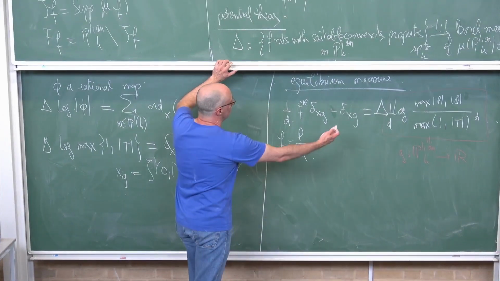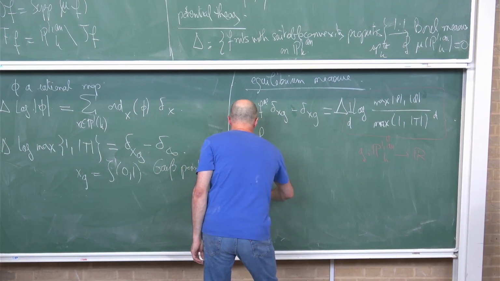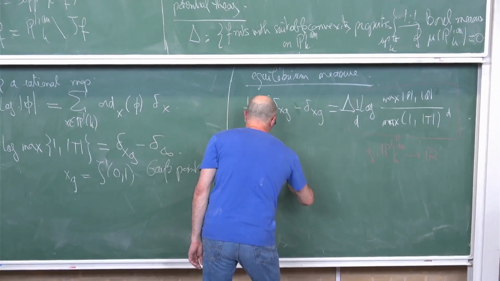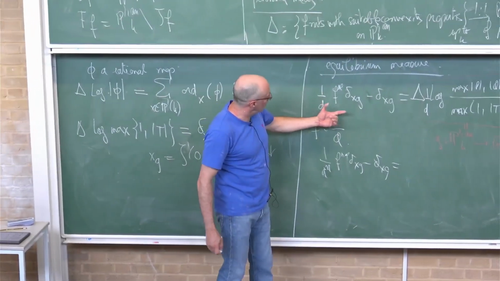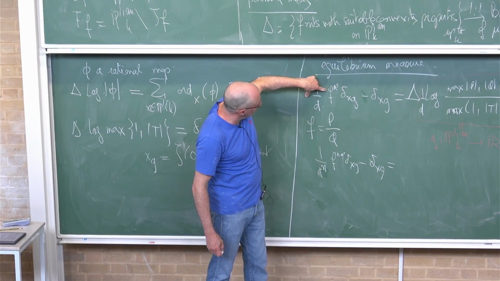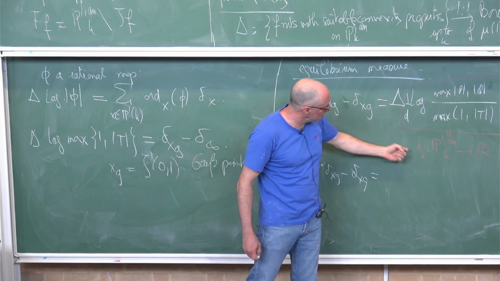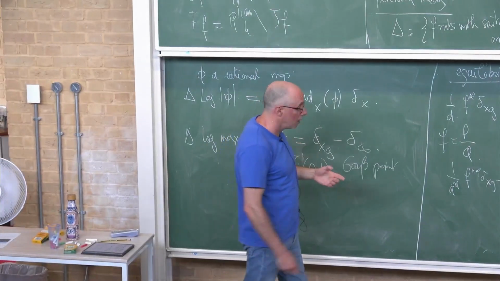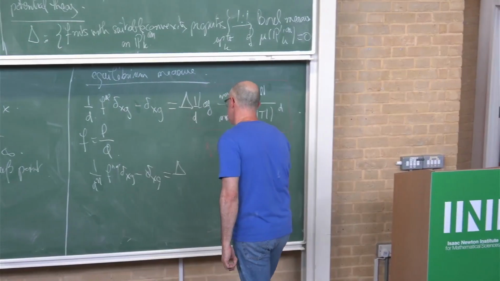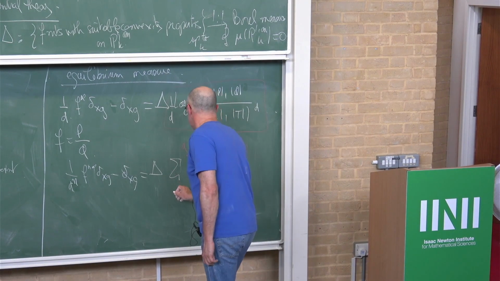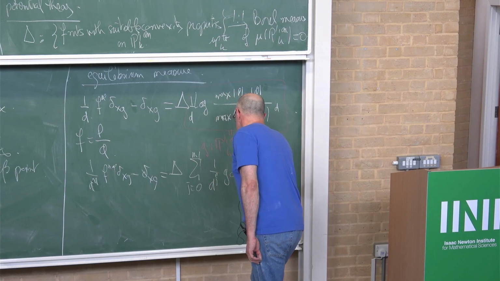And so this is after one step, and now you can pull it back n times. So when you apply the operator 1 over d f pullback, you get the Laplacian of G composed with f, divided by d. And you can take the sum, you have a telescoping series. And at the end of the day, what you get is the Laplacian of the sum from, let's say, j equal to 0 to n minus 1, of 1 over d to the j, G composed with f^j.